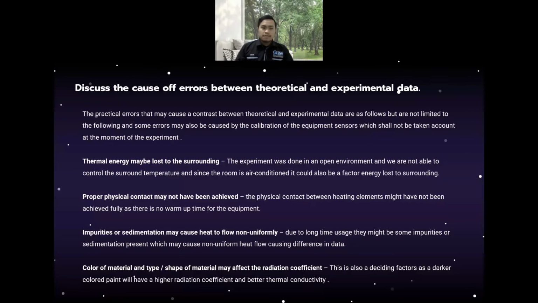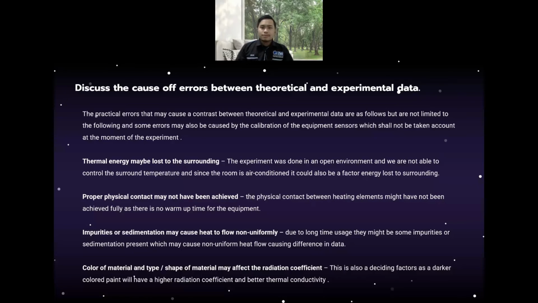Second, proper physical contact may not have been achieved. The physical contact with the heating element might not have been achieved fully as there was no warm-up time for the equipment. Third, impurities or sedimentation may cause heat to flow non-uniformly.